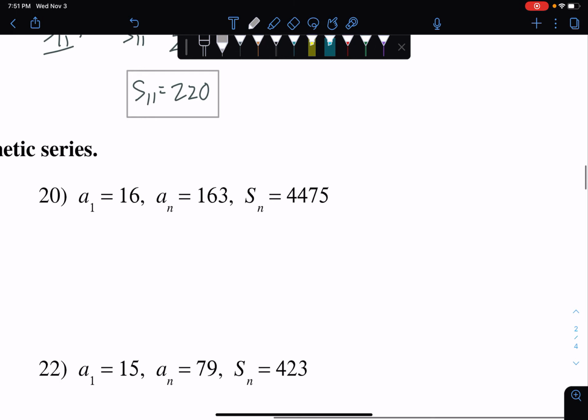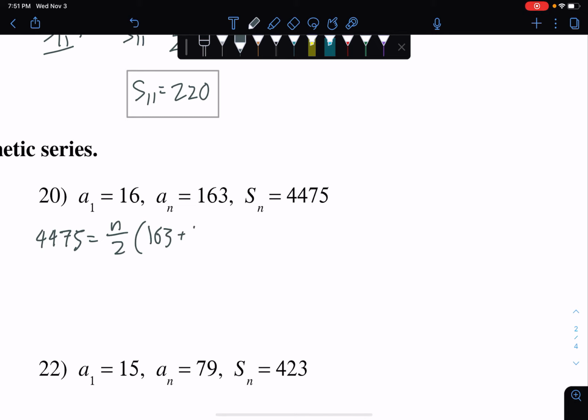Alright, let's move to number 20. We won't be taking this slow anymore. 4475 is equal to n over 2 times the quantity 163 plus 16. Multiply both sides by 2. 4475 times 2 is 8950, and 163 plus 16 is 179.